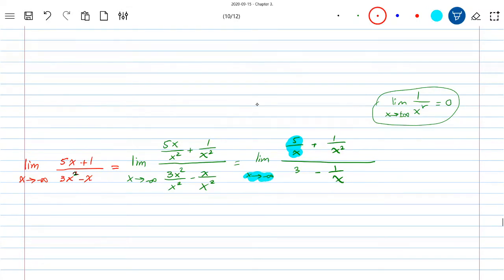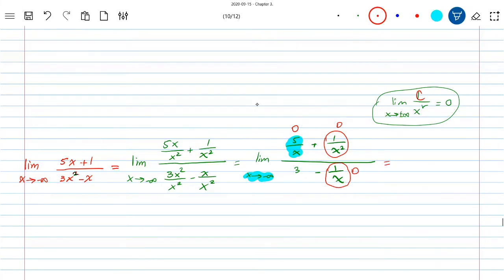This should be 0, since we already have that property. So c could be 5. What is the limit of 1 divided by x squared as x approaches infinity? This is still 0, since r could be 2; 1 divided by x to any power is still 0. The other term in the denominator, the limit of that is still 0 again.